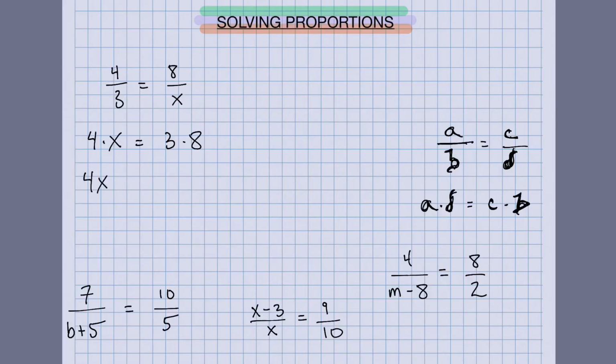Okay, 4x equals 24. So x equals 24 divided by 4. X equals 6. Okay, you see how I did that? To get x by itself, you divide both sides by 4.